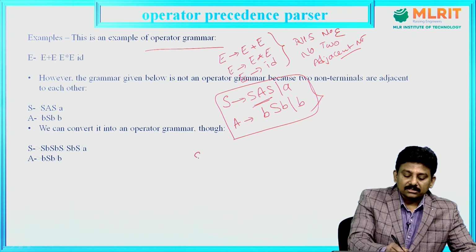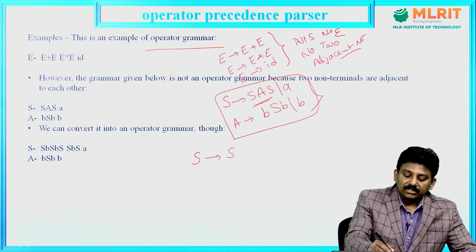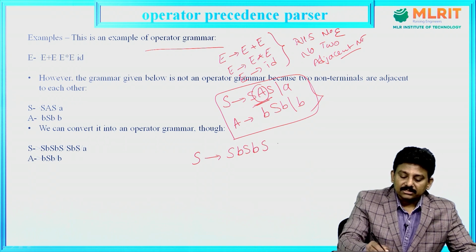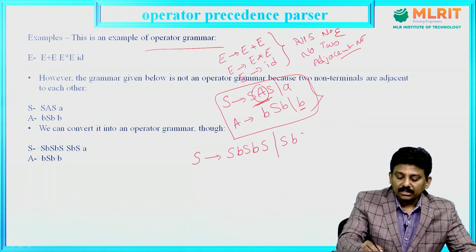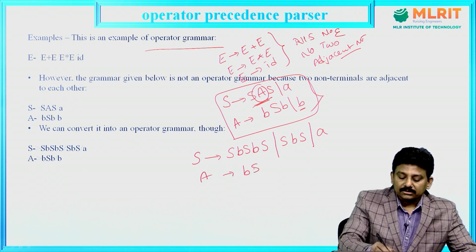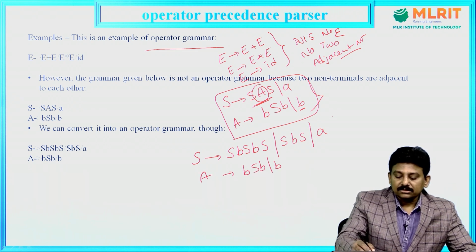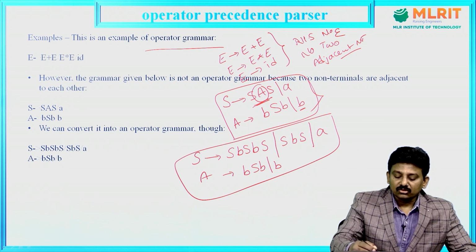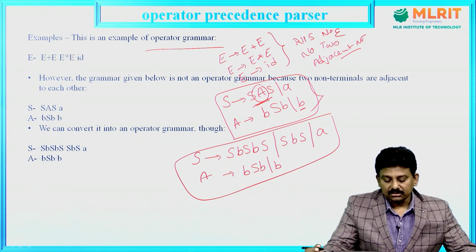S derives S, and you can replace this A by BSB, this S is as it is, and this A you can replace by B also. So S derives SBSBS or B. A derives BSB or B. This is now an operator grammar because there is no epsilon on the RHS and no two variables are adjacent.